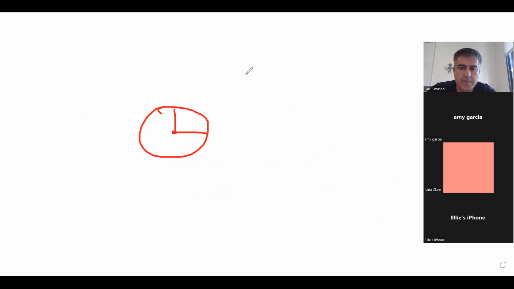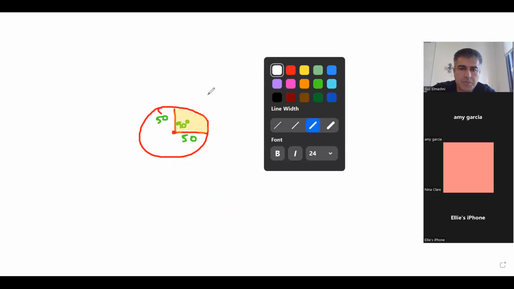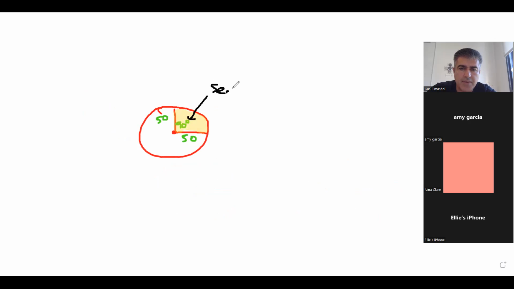What if I had 90 degrees right here, and say that we're 50 and 50. But now I want to find the area of all this. So we call this a sector. Remember we did arc length in the previous section?